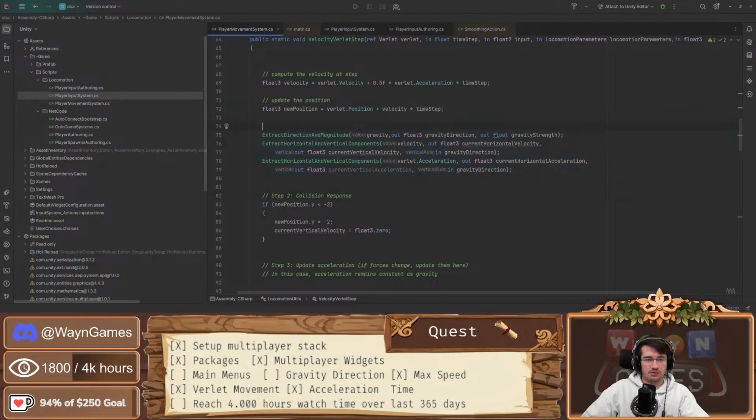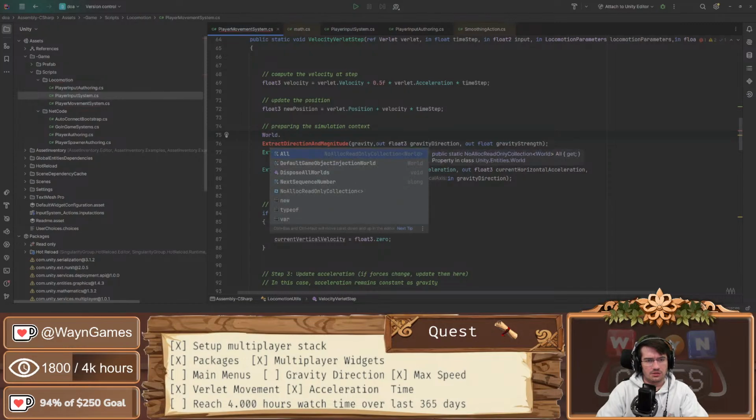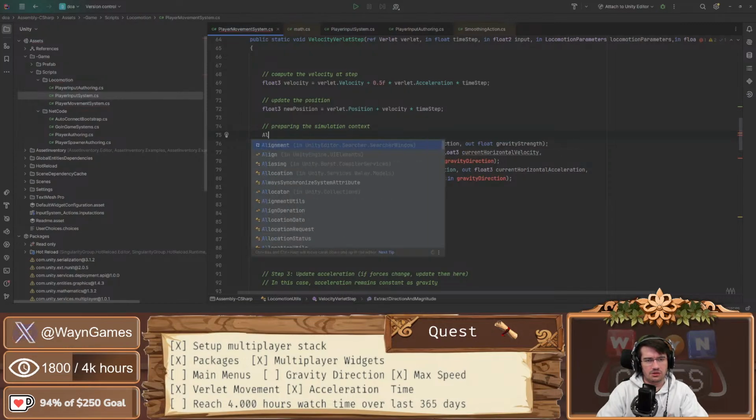So here I'm preparing the simulation context. Isn't it too expensive for each system to create its own buffer? Normally, no, because you could rely on native streams, native queues, using the, how it's called, there is an allocator, special allocator.